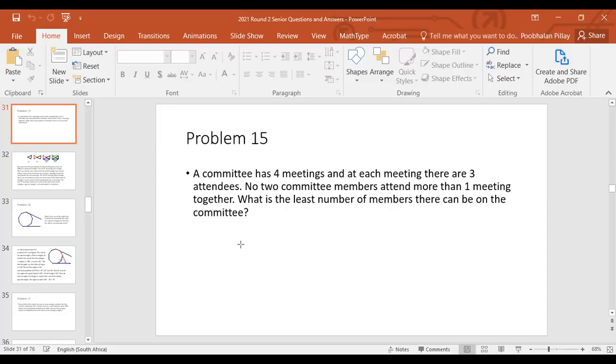All right, so the committee has 4 meetings. And at each meeting, there are 3 attendees. So there are exactly 3 people who attend any given meeting. No 2 committee members attend more than 1 meeting together.